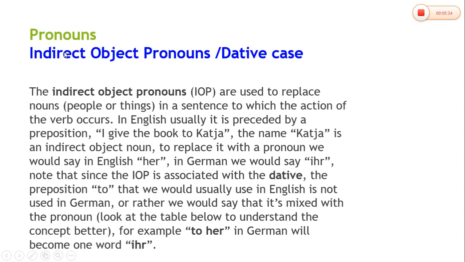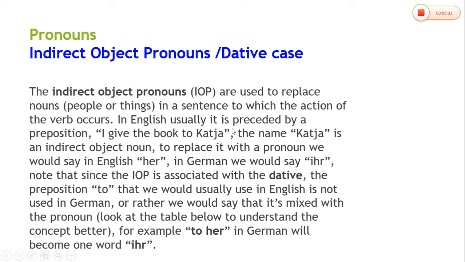Let's talk about indirect object pronouns in German, which are also known as dative case, and they can also be called prepositional pronouns. The indirect object pronouns are used to replace nouns, people or things in a sentence to which the action of the verb occurs.